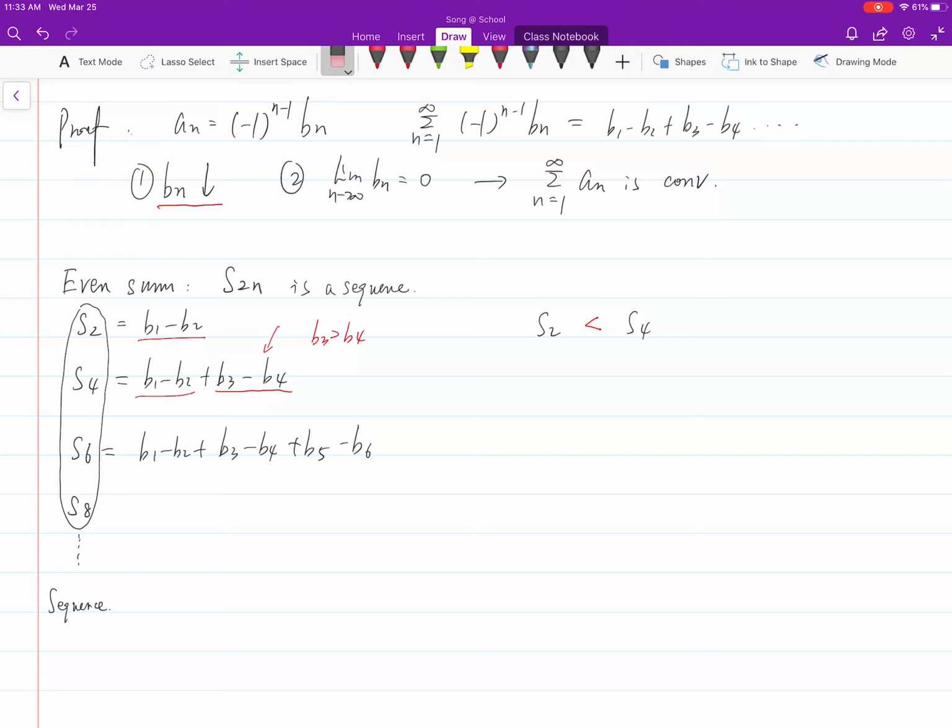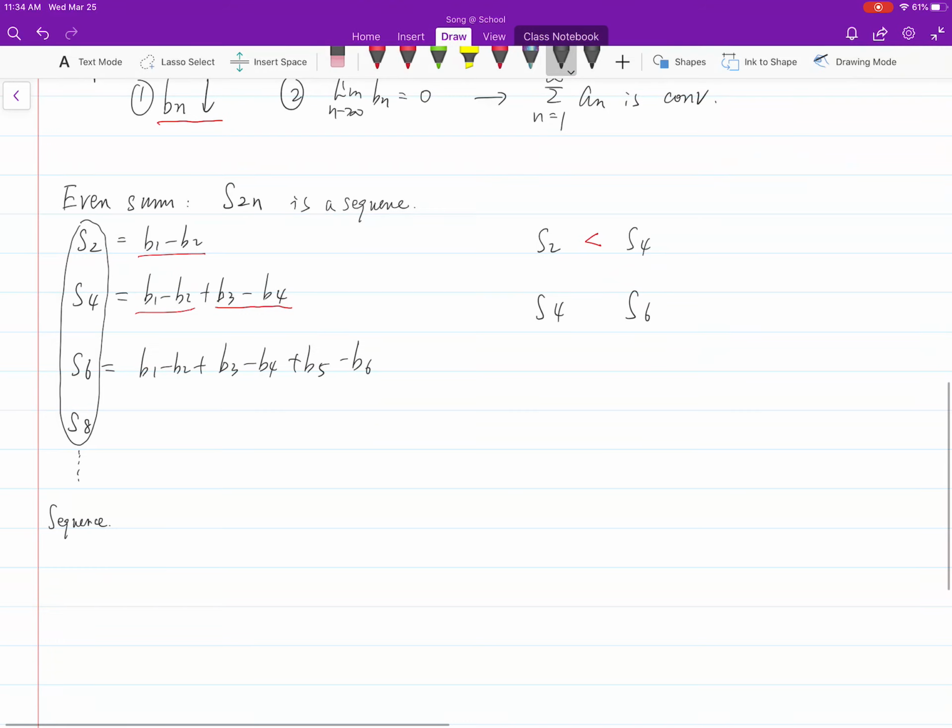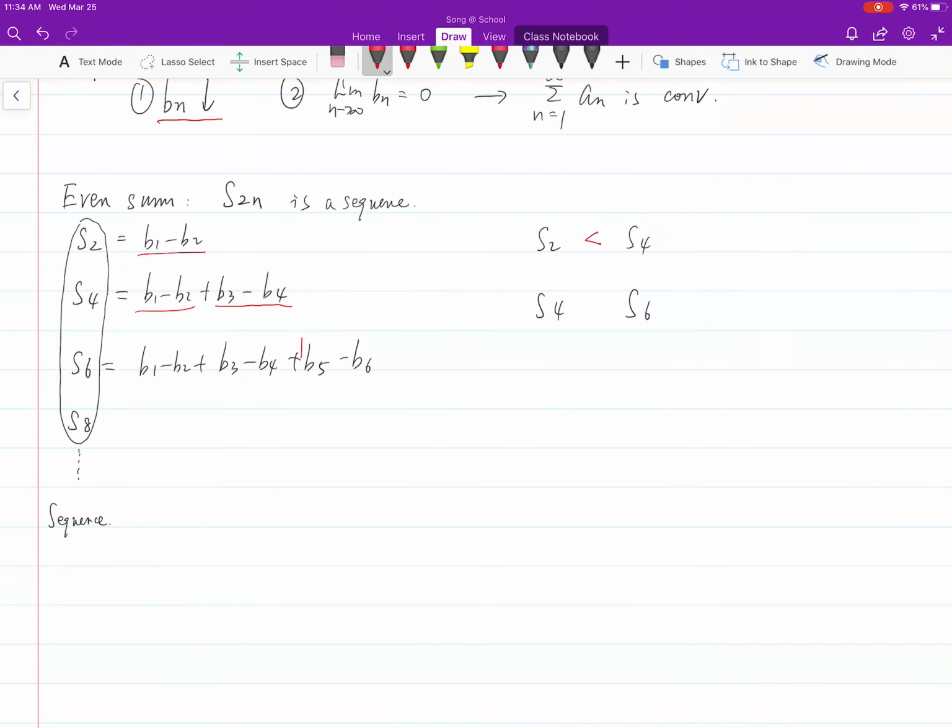Sounds good? That's the first one. Now use the same idea. Which one is bigger, S4 or S6? With the same analogy, we should focus on this term. b5 is bigger than b6 because bn is decreasing, right? Then this is positive. That means S6 is nothing but S4 plus a positive number. What about S8? I think you can see the analogy now.